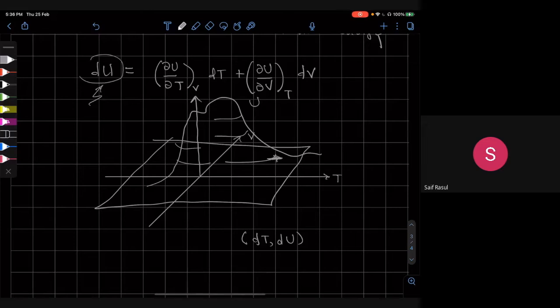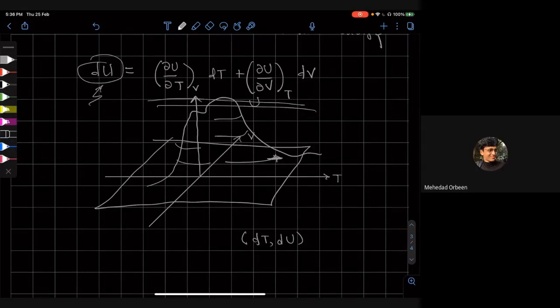The U function changes in this way. Is that clear? This is a little bit like the gradient. So this is what it means to take the partial derivative for a multivariate function. I'm not going to use the technical language of calculus, I'm just going to use some intuitive pictures.